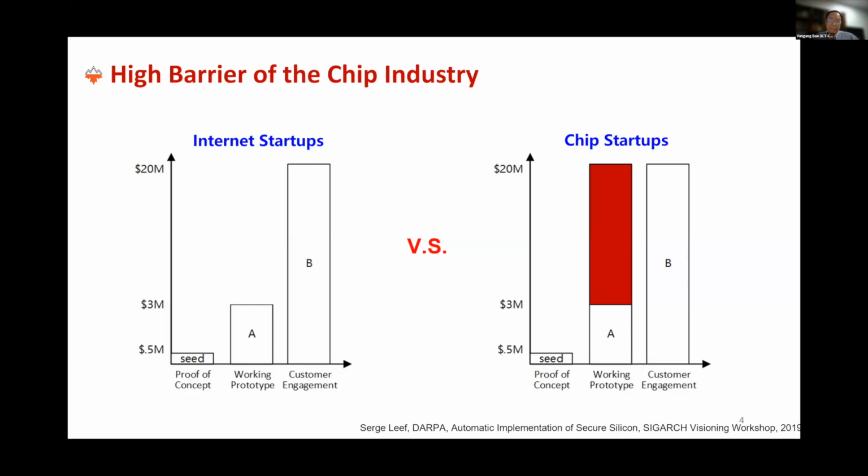Then for round A, those startups usually need to raise like $3 million to complete a working prototype, and then raise the next round B, about $20 million, to get customer engagement. This is a very typical series of steps in the growth of internet startups.